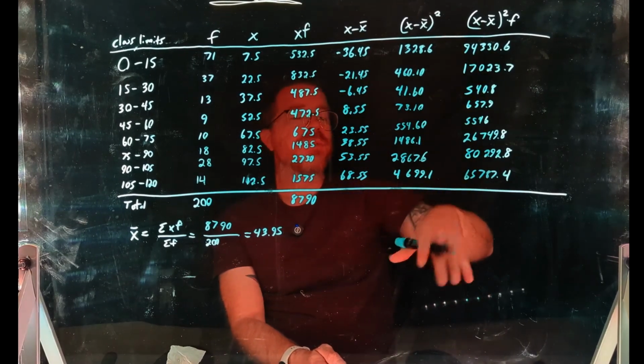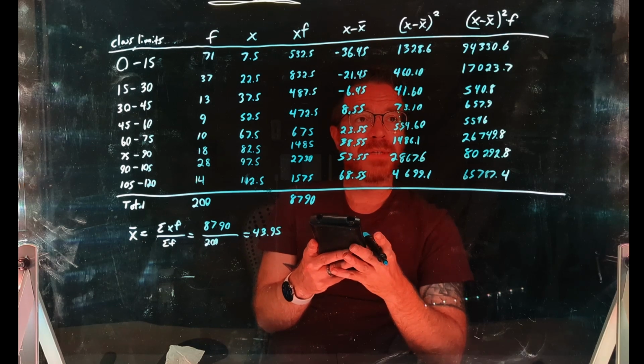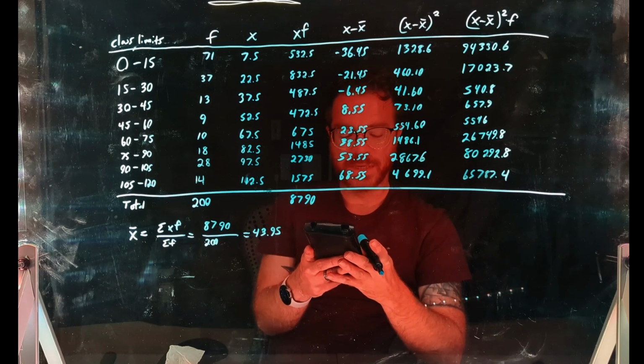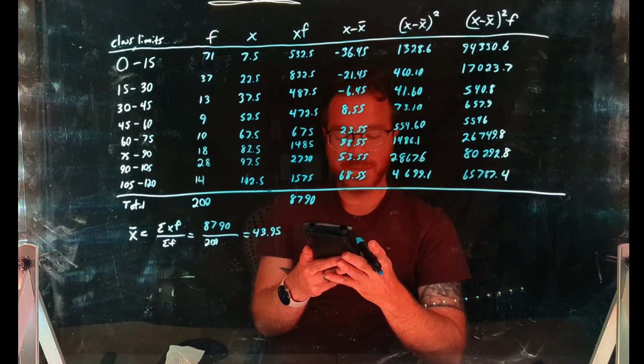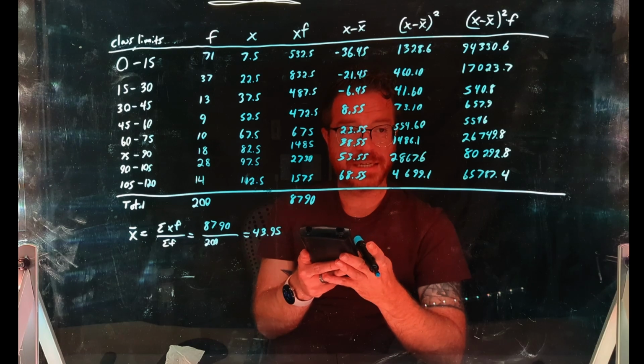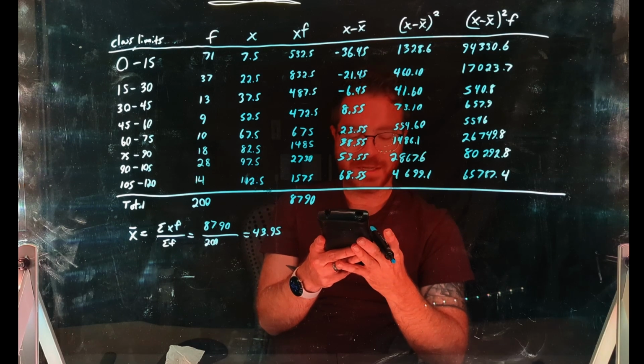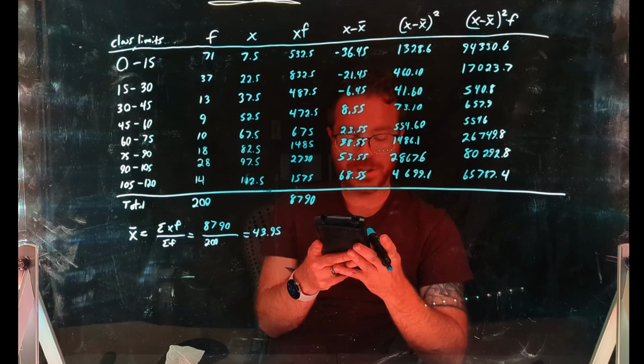So I'm going to take each of these values and I'm going to add them up together, and that's going to give me my sum of squares. So I have 94,330.6 plus 17,023.7 plus 540.8 plus 657.9 plus 5,546 plus 26,749.8 plus 80,292.8 plus 65,787.4.